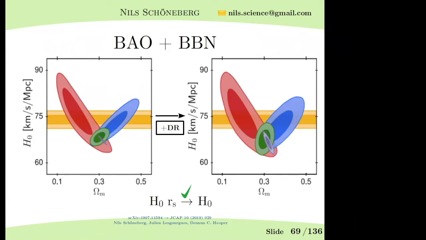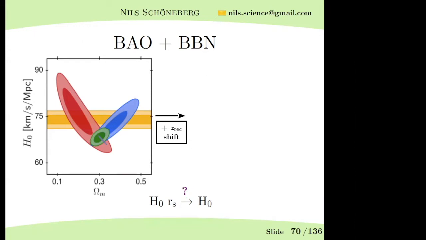So you still have H0 RS going to H0, so that still works. Because from BBN, you don't just have a measurement of omega b h squared, but also of N effective. So in truth, you're not really adding a lot of dark radiation here, because you constrain it at the same time from BBN. That's also where the second power of BBN comes in.